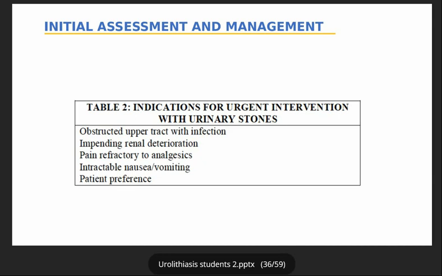Also if the patient has pain that is not responding to medication, or intractable nausea or vomiting. Also if the patient prefers intervention: when you see the patient, you present the options, either medication or intervention, and the patient will choose.